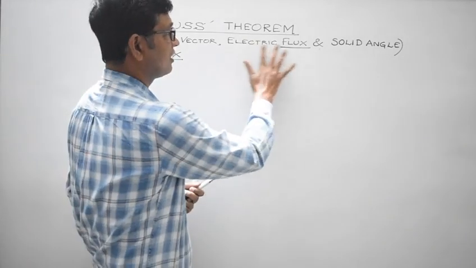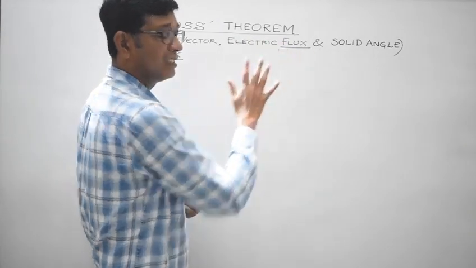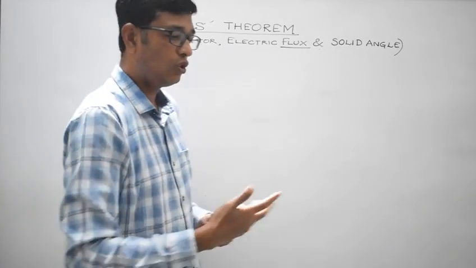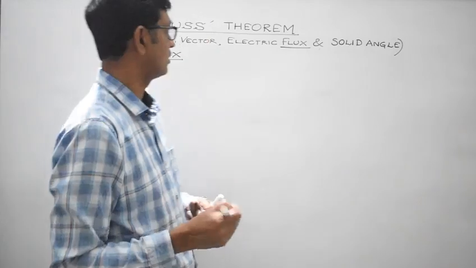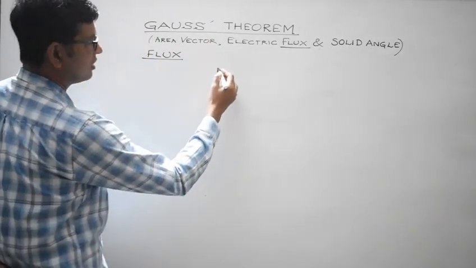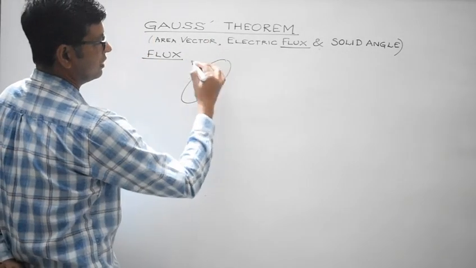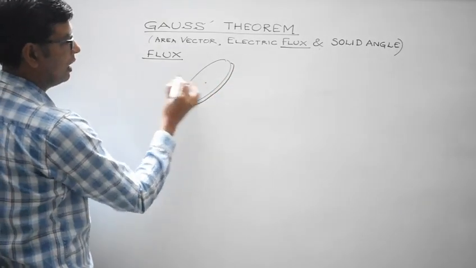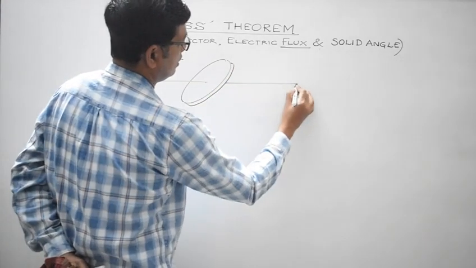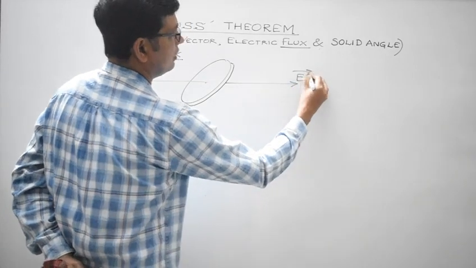So let's now understand its SI unit and then its mathematical representation: how to quantitatively define this electric flux. So what we do is, we consider any surface. Suppose this is a surface, and this represents the electric field.